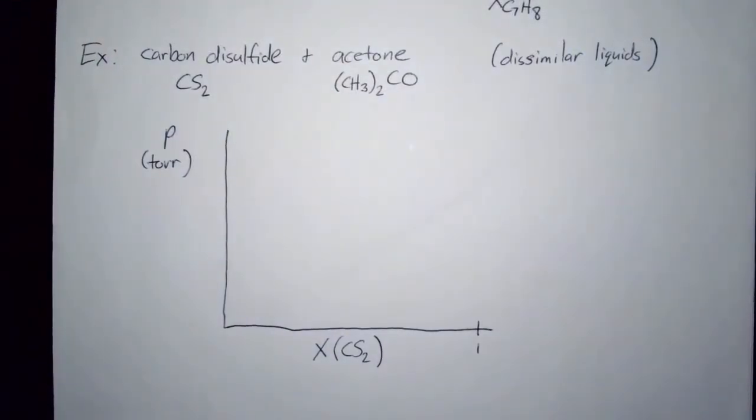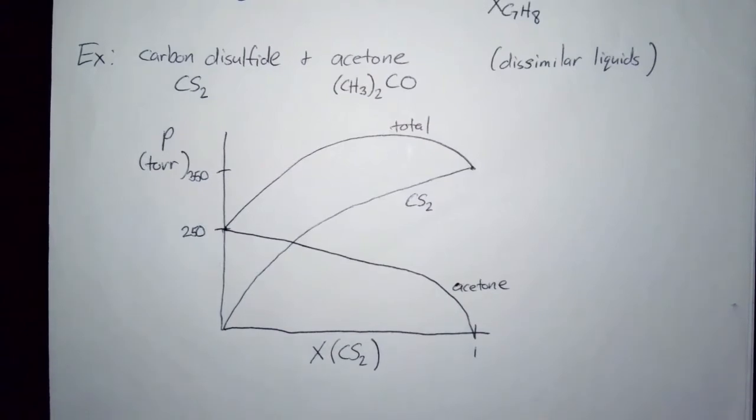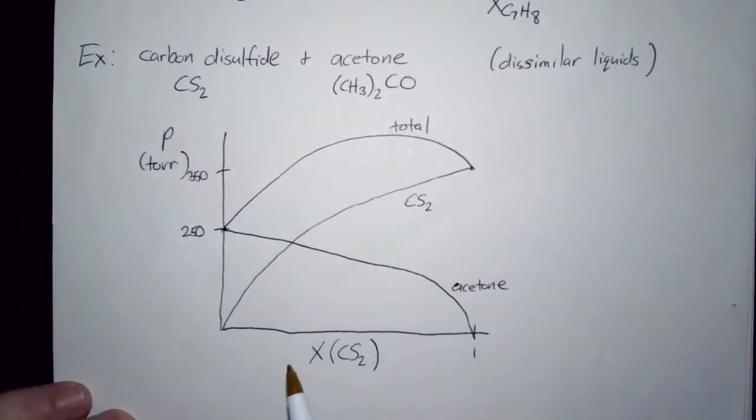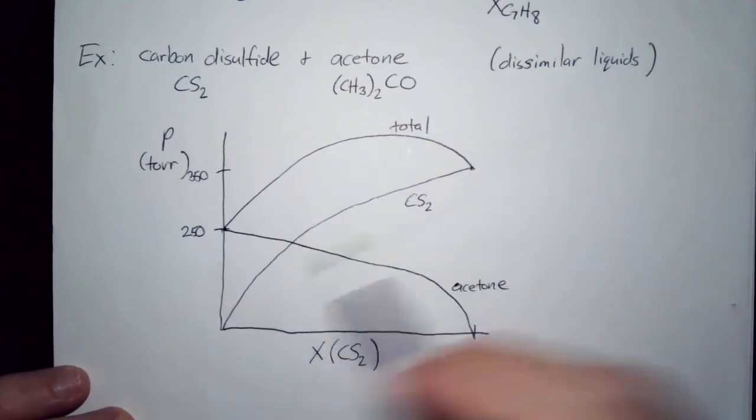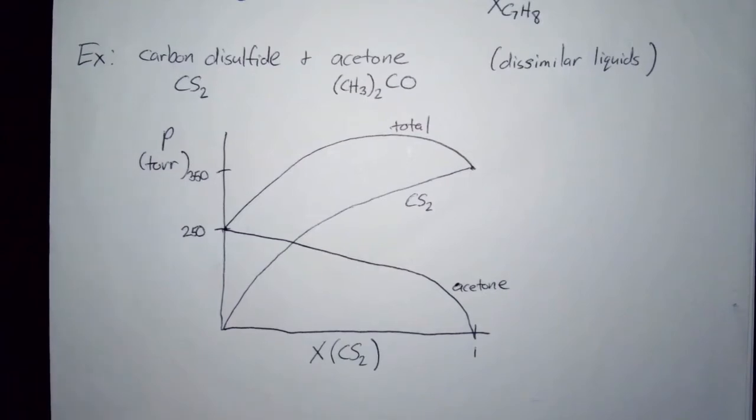Now I'm going to sketch the graphs for these two substances in mixture based on experimental data. Okay, so we get something that looks like this. And you see that these lines are not straight. So the substances in this mixture are not following Raoult's law.